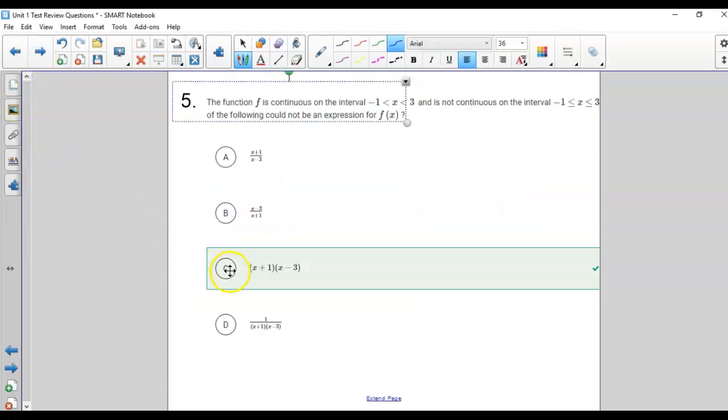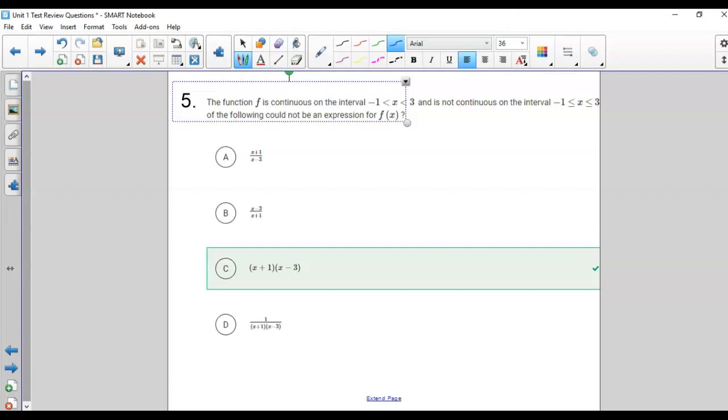Okay, for number 5, it tells us f is a continuous function on the interval negative 1 to 3 and is not continuous on the interval negative 1 to 3 whenever we have the or equal to signs here. Of the following, which could not be an expression for f of x?